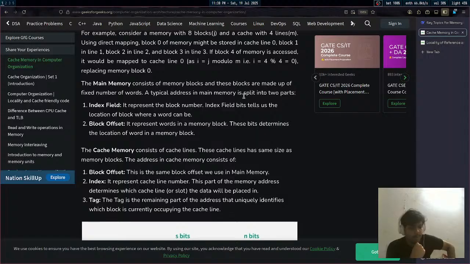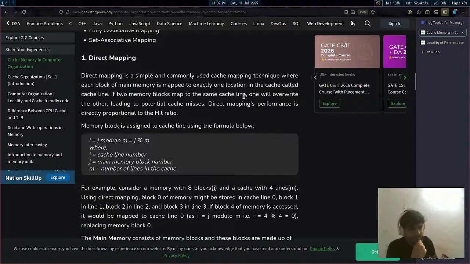But yes, I think I should define block when I explain this to myself once again.